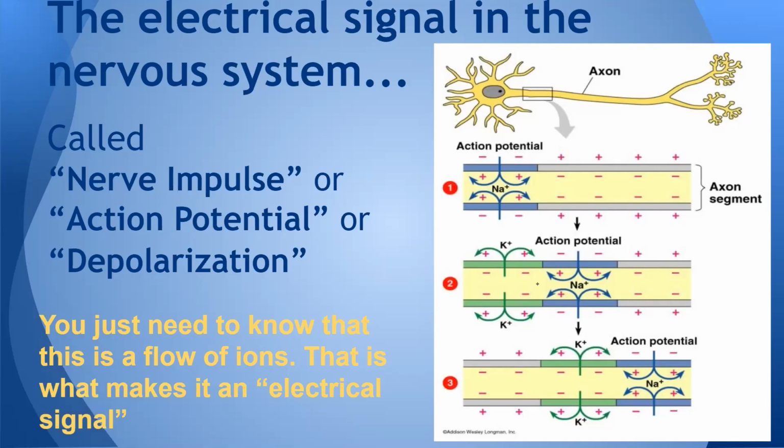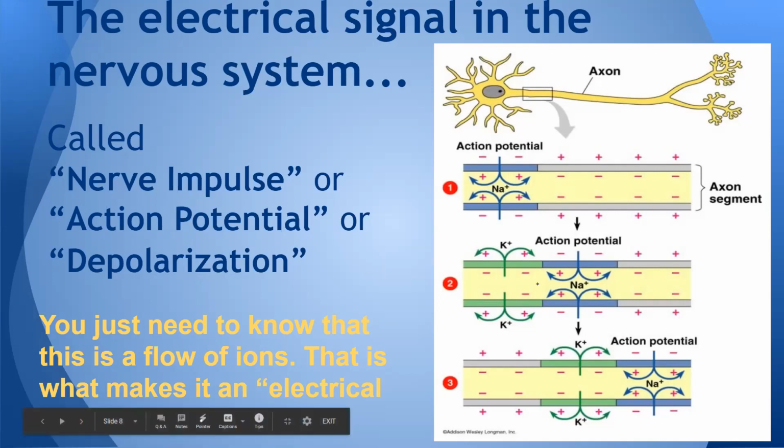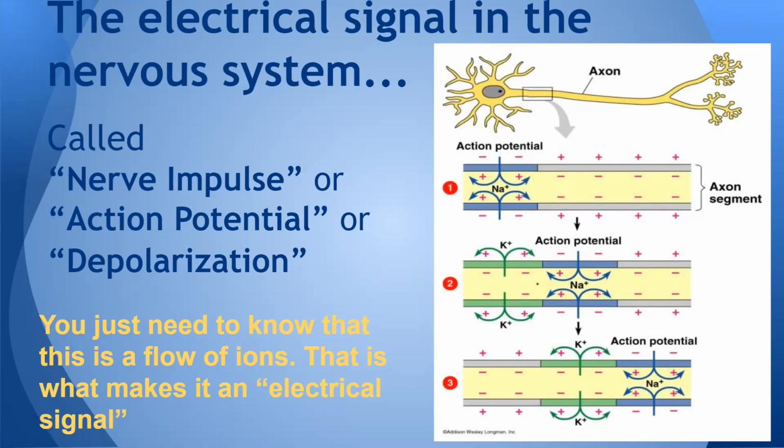And behind it, we actually flip the charges with the potassium leaving that cell membrane. And we have a negative charge on the inside, positive charge on the outside. And if we look at the third one, it looks like it's kind of moving down the line a little bit more. So this is a very, very simplified version of what's happening. Basically, we flip the charges on the cell membrane, and that helps us communicate the signal towards that end part of the neuron, or the axon terminal.